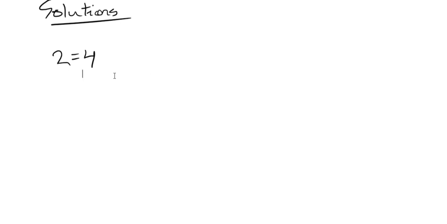Let's talk about solutions to equations. So when we have an equation, let's say 2 equals 4. An equation has value. Write that down. Equations have a value. They are either true or false. So that's the value.